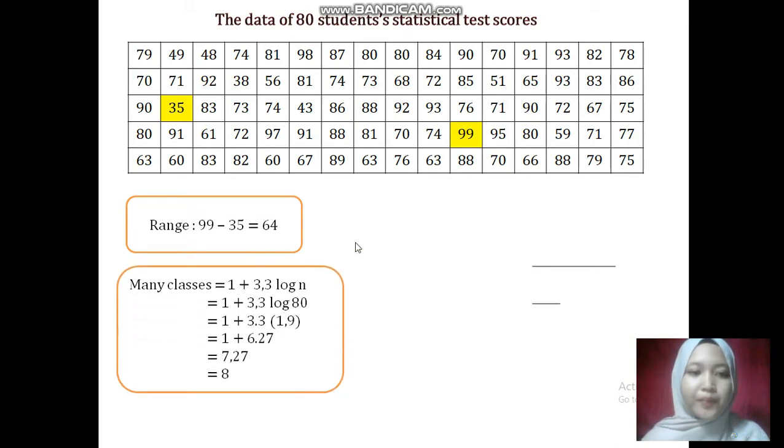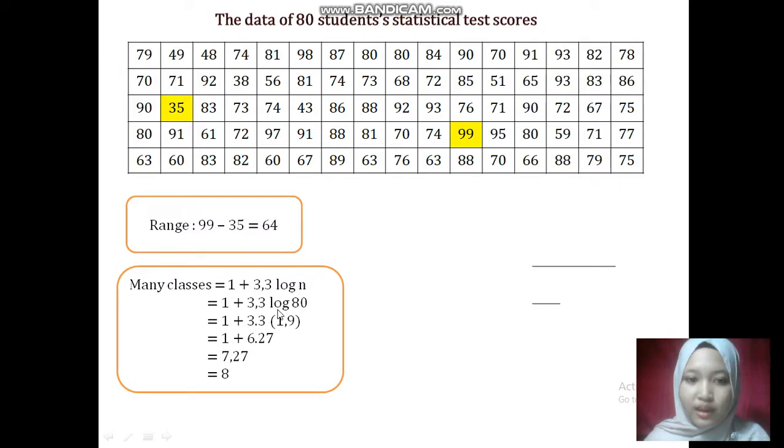And then many classes. So how to find the many classes? We use Sturge's rule, which is 1 plus 3.3 log n. So n right here means the sample size, or how many data we have, which is 80.